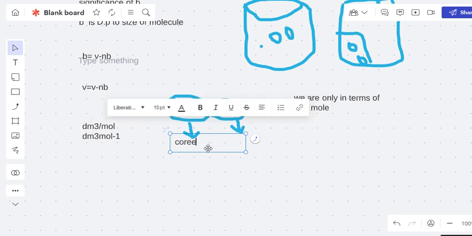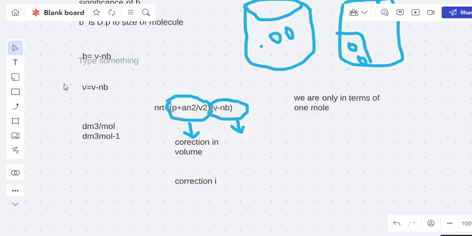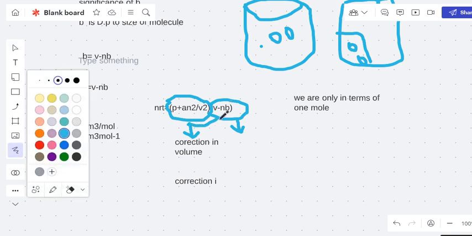Correction in volume, and the second one is correction in pressure. Sorry, I'm making spelling mistakes here, but you can ignore that. I might have mistaken the order here, so you can shuffle it, no problem. This is correction in volume, and this is correction in pressure.